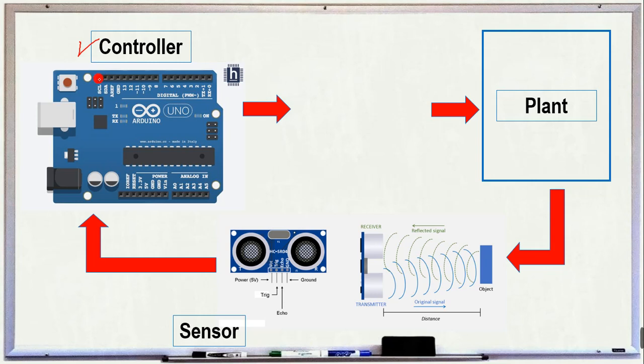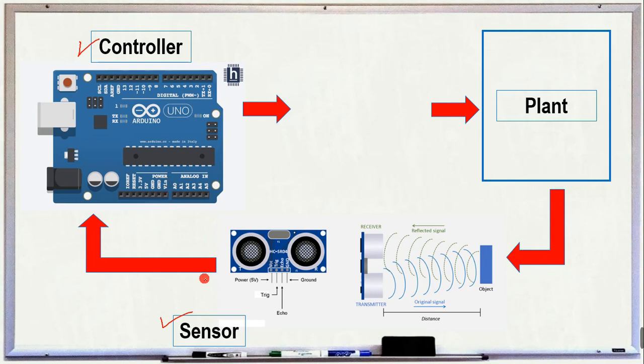This is where we are going to input our instruction in the form of code or a programming language, and then we are already through also with the sensor. The sensor is responsible for measuring physical quantity from our plant and converting it into an electrical signal, and then it will be processed by our controller.